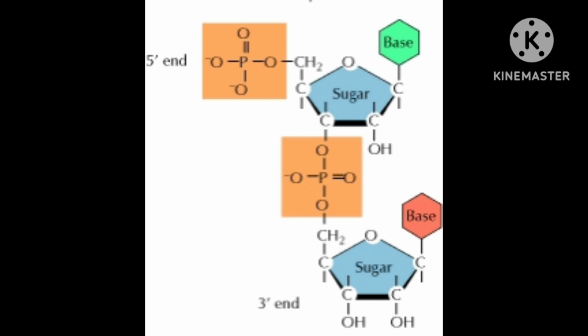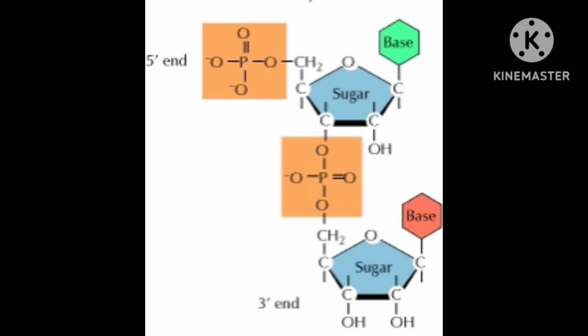Today I am going to discuss the chemical composition of nucleic acid. Yesterday I gave you an idea, now I will continue. Complete hydrolysis of DNA or RNA yields a pentose sugar, phosphoric acid and nitrogen containing heterocyclic compounds, which are called bases.